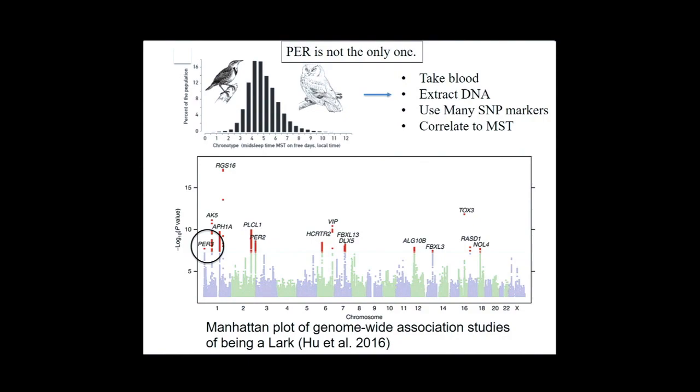PER is not the only one. If you take that distribution of people, take that mean sleep time as a trait, and look at that trait according to the entire genome, and link different parts of the genome to that trait, you find not only is PER a factor, but you have these other factors in red that pop up. We don't know the function of those.